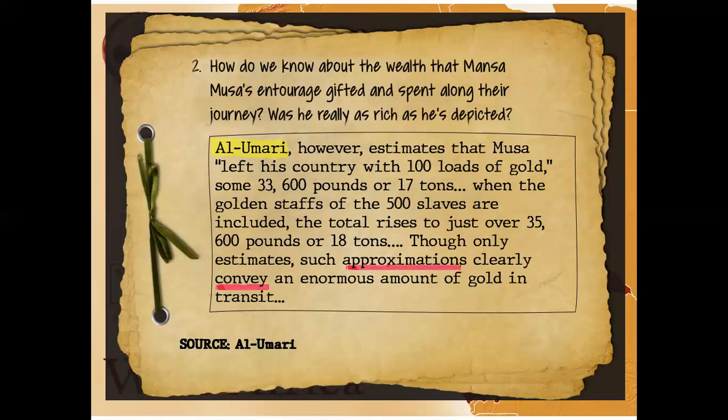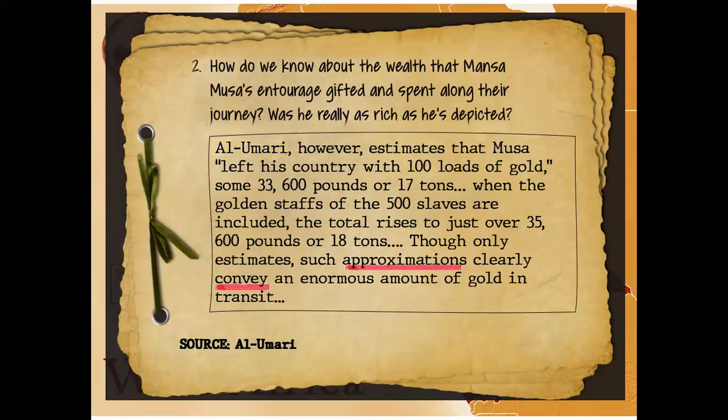Then we need to ask ourselves, what does this source add to what we have already learned or uncovered about the numbers surrounding Mansa Musa's wealth? Meaning, how wealthy he actually was. What testament does this provide? The information we get from this source is a comparison to the prior source, right?